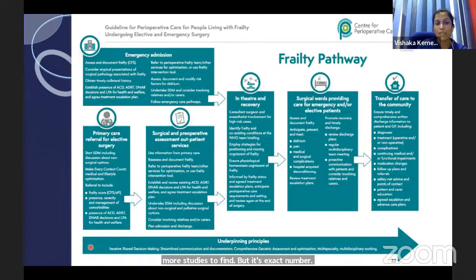And the other thing is what is recommended by large clinical societies in the world. The Perioperative Medicine Society has given a guideline on this frailty pathway. What they have recommended is the clinical frailty scale and the electronic frailty scale.